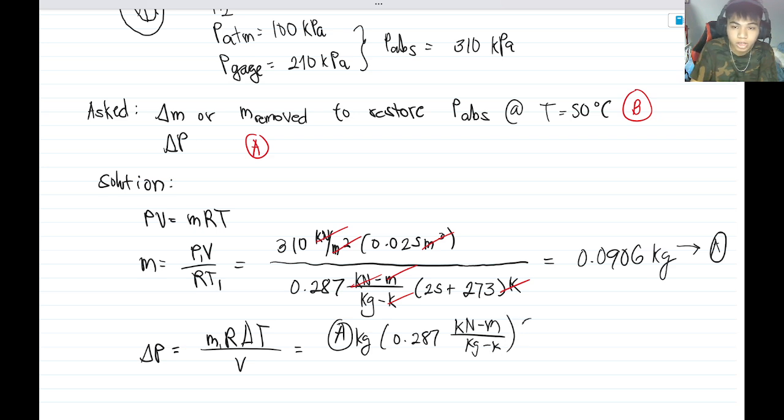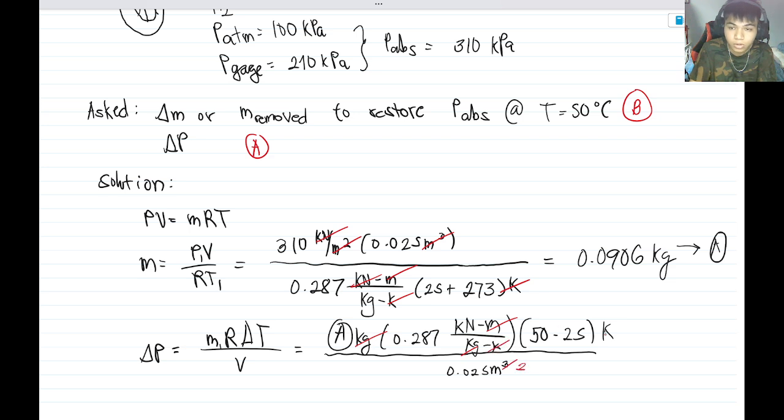And then the change in temperature, you can ignore the units since it's a change in temperature over the volume. And upon solving, cancel the rest of these.